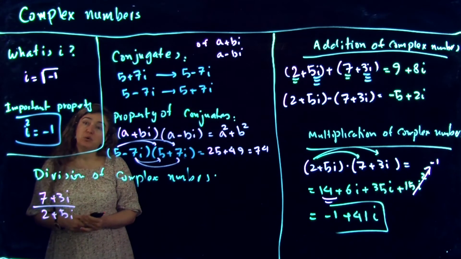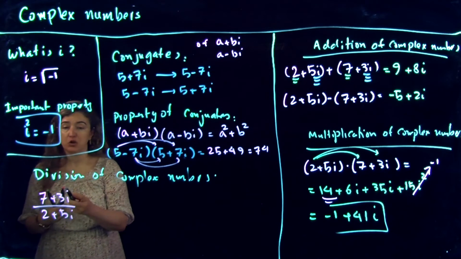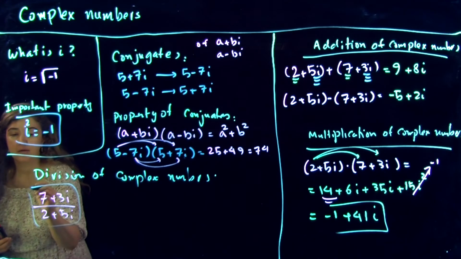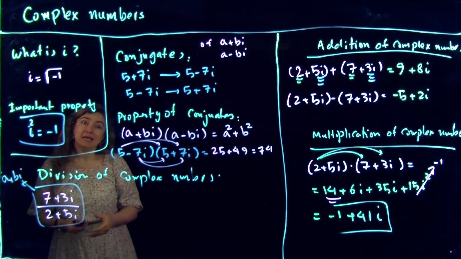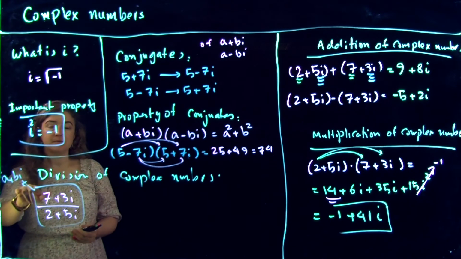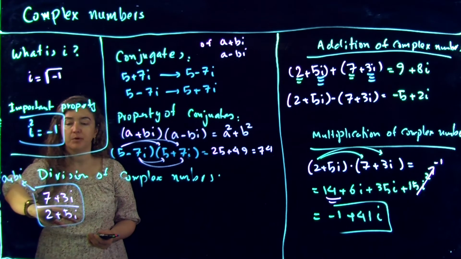So what do I do again? The plan is for this to look like a plus bi. Right now, I don't have a plus bi. I have a complex number over a complex number.